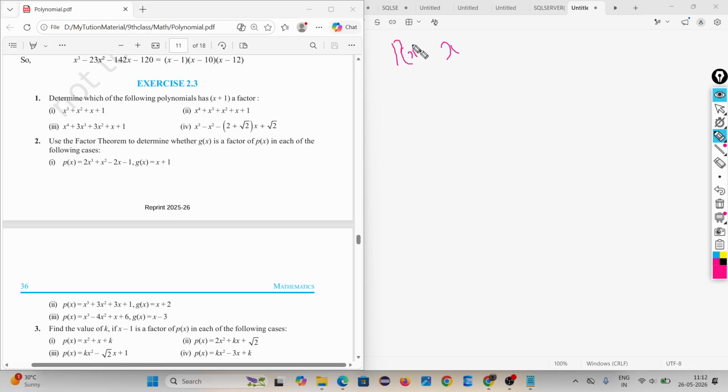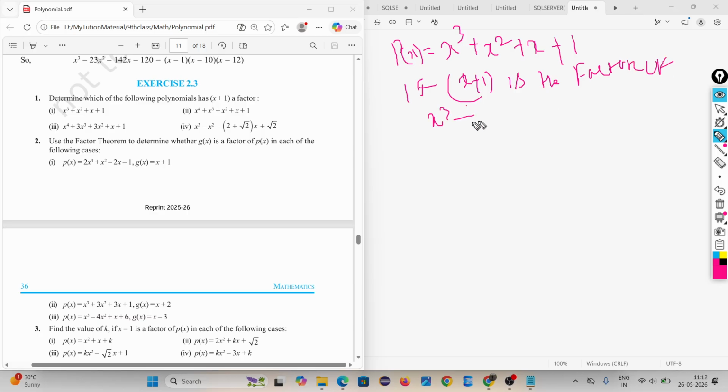Suppose p of x equals x cube plus x square plus x plus 1. If x plus 1 is a factor of x cube plus x square plus x plus 1, then x equals minus 1, and p of minus 1 should be equal to 0.